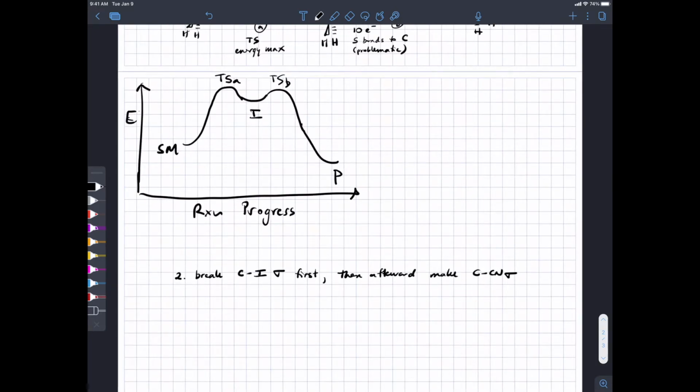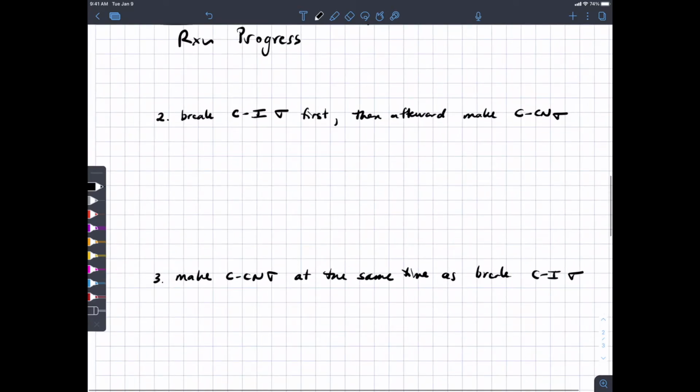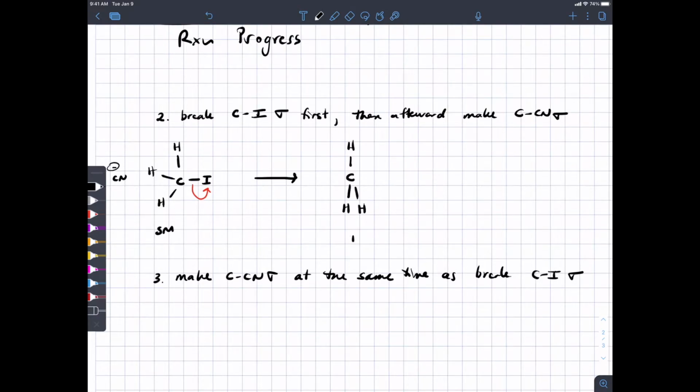Let's look at the second possibility, breaking the carbon-iodide bond first. What would that look like? Presumably this would involve the carbon-iodide bond breaking to give you a carbocationic intermediate.